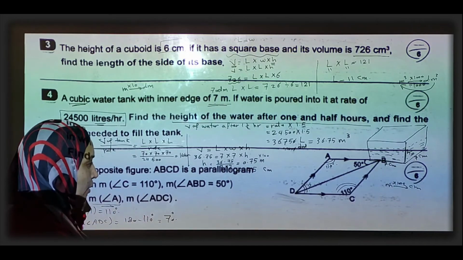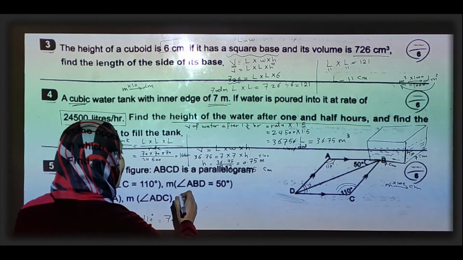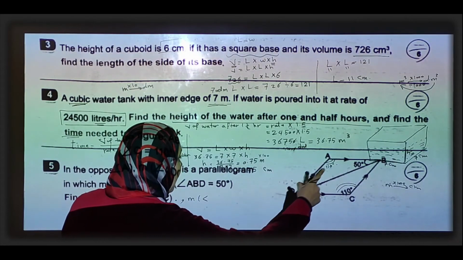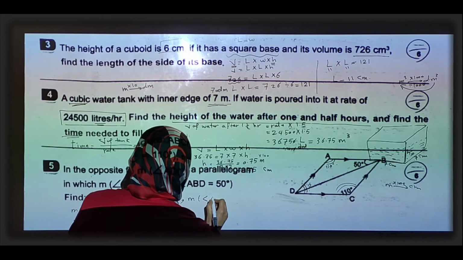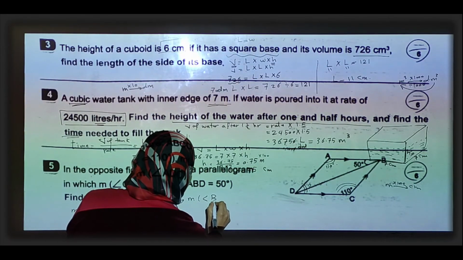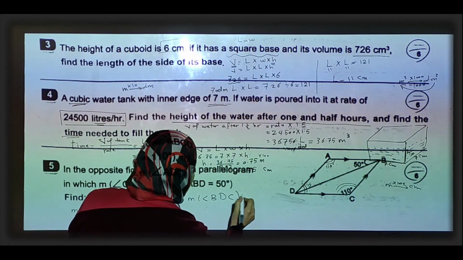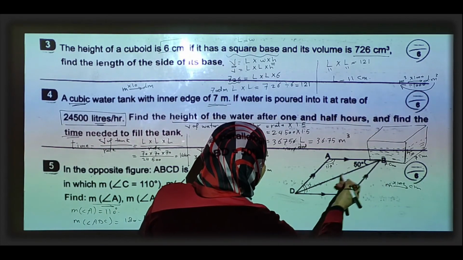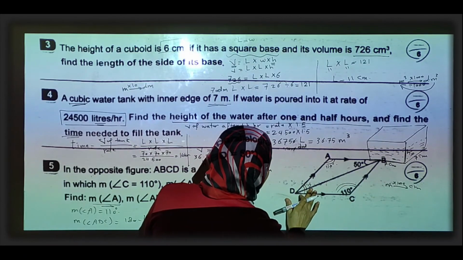These are the required. Another required is the measure of angle BDC.